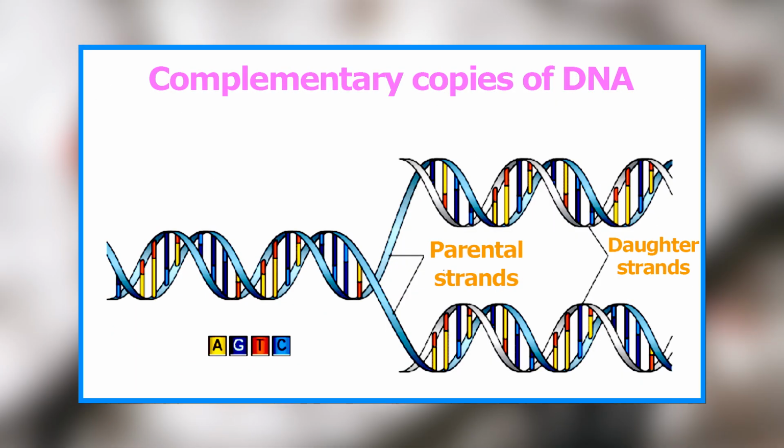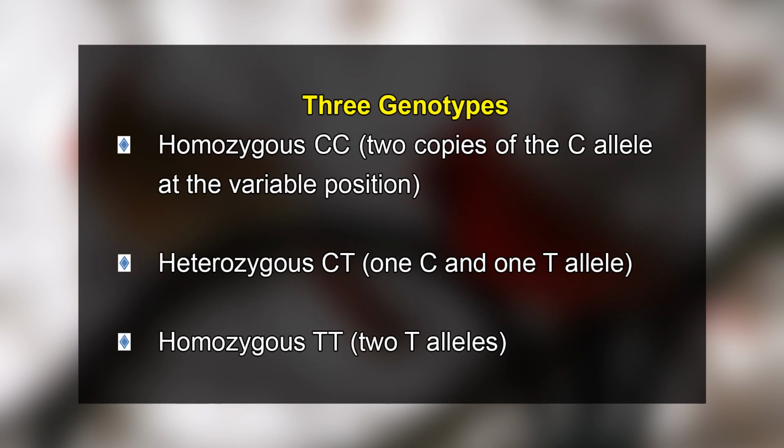Because every individual inherits one copy of DNA from each parent, every person has two complementary copies of DNA. As a result, in the example, three genotypes are possible: homozygous, that is CC, two copies of the C allele at the variable position; heterozygous, that is CT, one C and one T allele; and homozygous, that is TT, two T alleles.